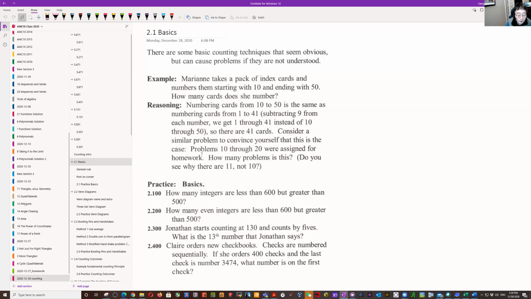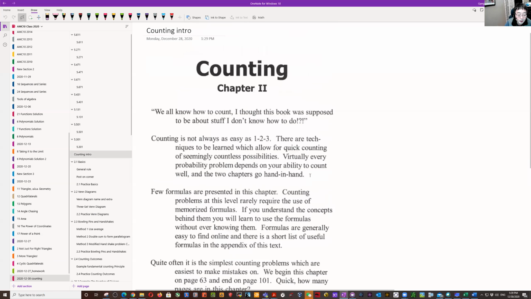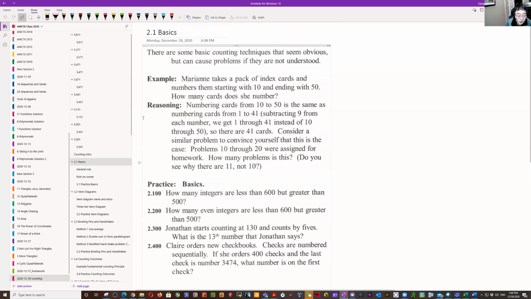So the first topic on counting is counting 1, 2, 3, and it's actually a very simple thing: exclusive counting and inclusive counting.